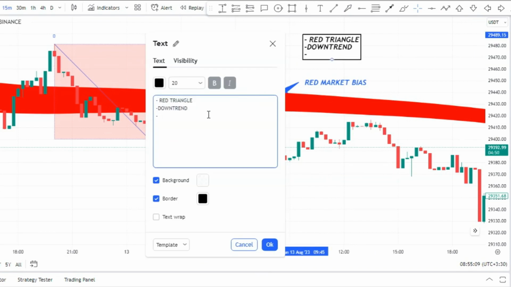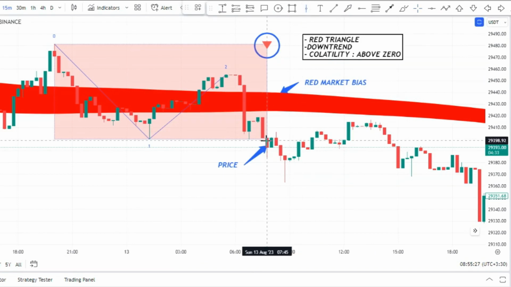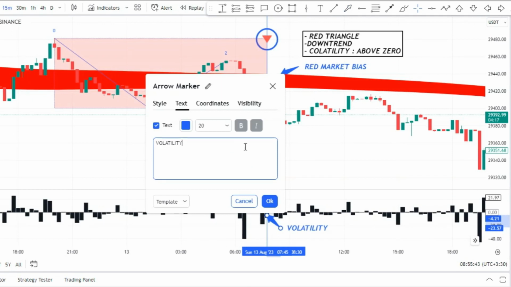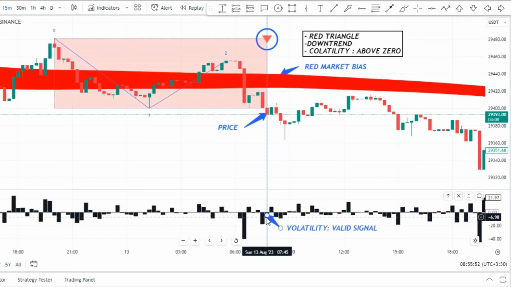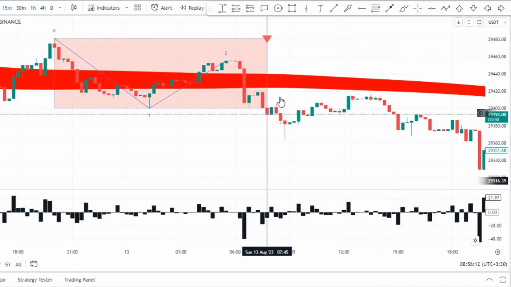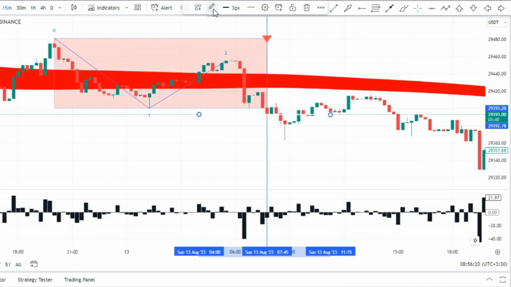Next, the histogram of the volatility oscillator must be below the zero line. With these conditions met, the signal is validated and you can consider entering the trade.